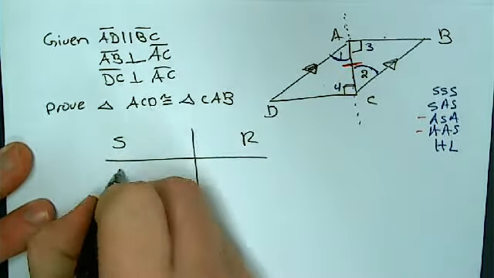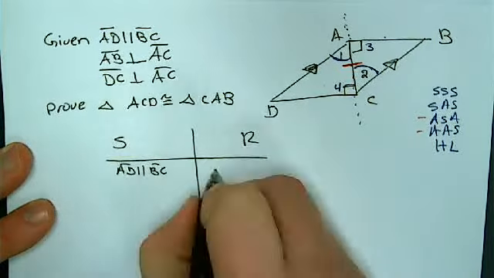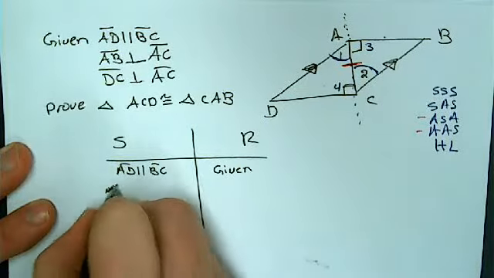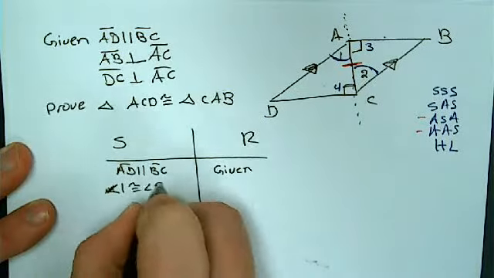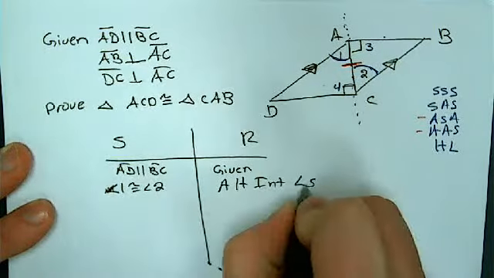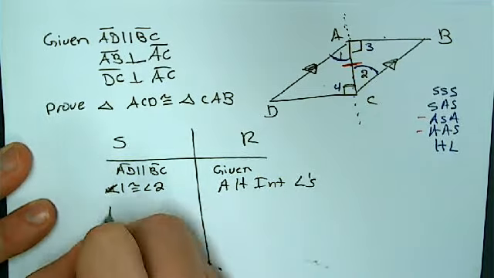Let's see. Start off with my givens. AD is parallel to BC. Before I write down anything else, I'm going to write down what that tells me: that angle 1 is congruent to angle 2 because they're alternate interior angles. Let's write down my other givens.